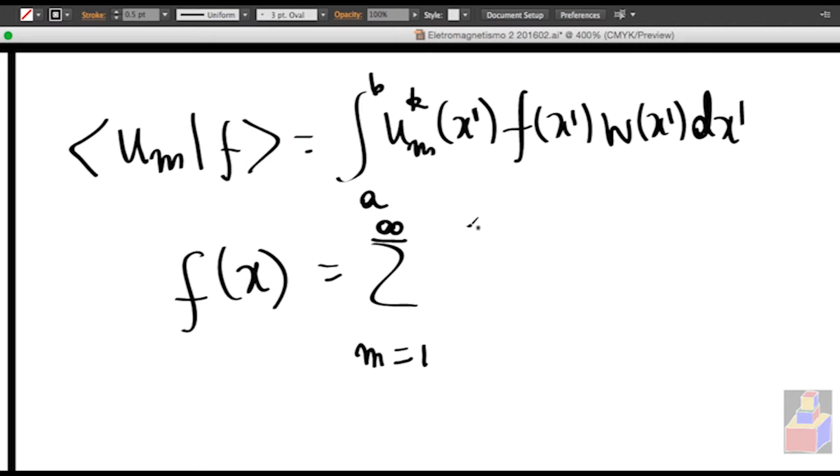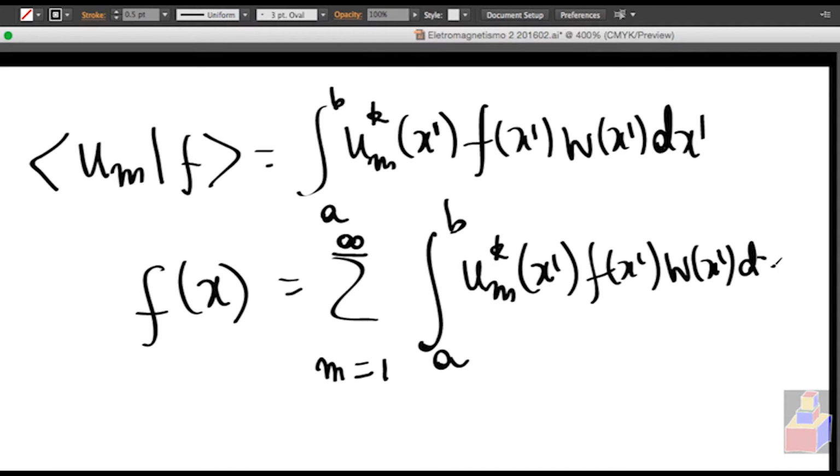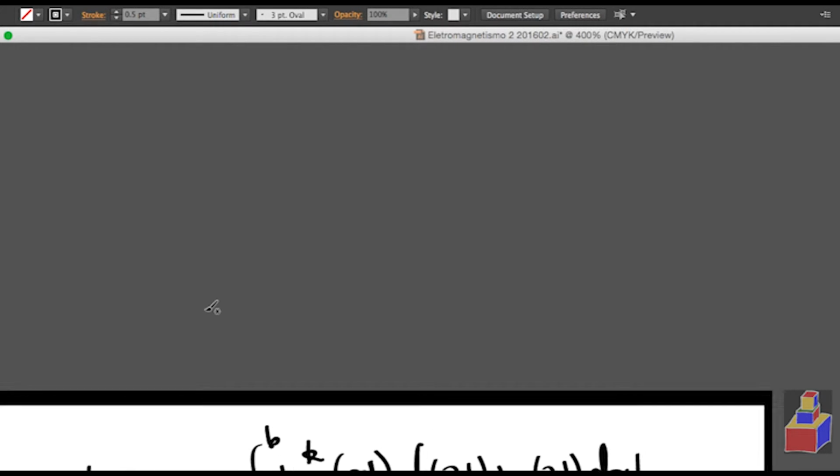So I have to put this in here, times un of this variable here, x. So these are different things, okay? x prime is the integration variable, x is the point where you evaluate f.